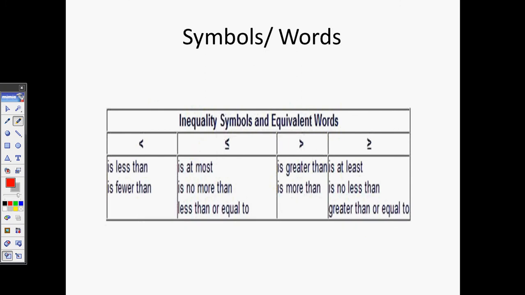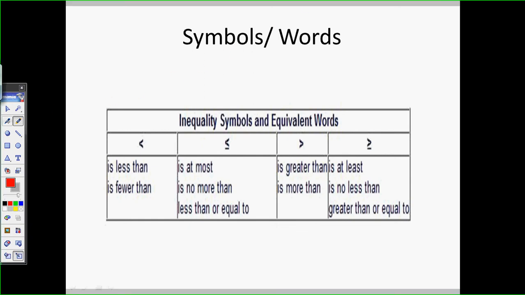So again, symbols are words. So if we have a symbol, this is less than, or it can be said as fewer than. Less than or equal to. Here are some key words. Remember this. Is at most. Is no more than.